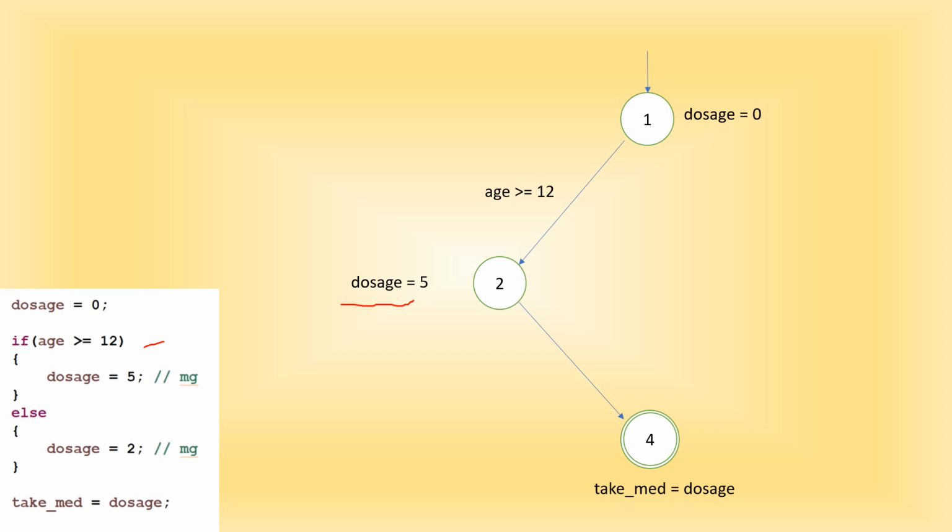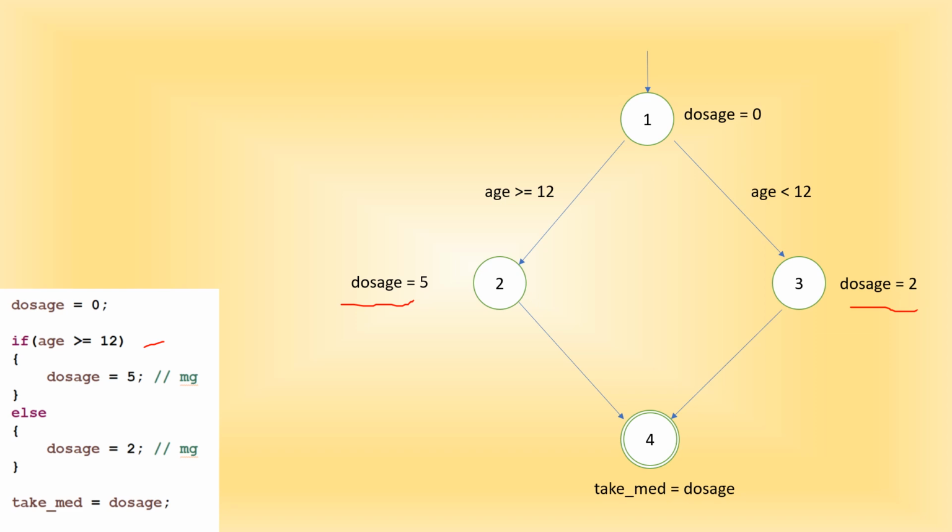But in case we are younger than 12 years of age, then we set the dosage equal to 2 milligrams, and then we take the correct dosage of medicine. So this is a very simple if-else condition, and that's how we can develop its control flow graph.